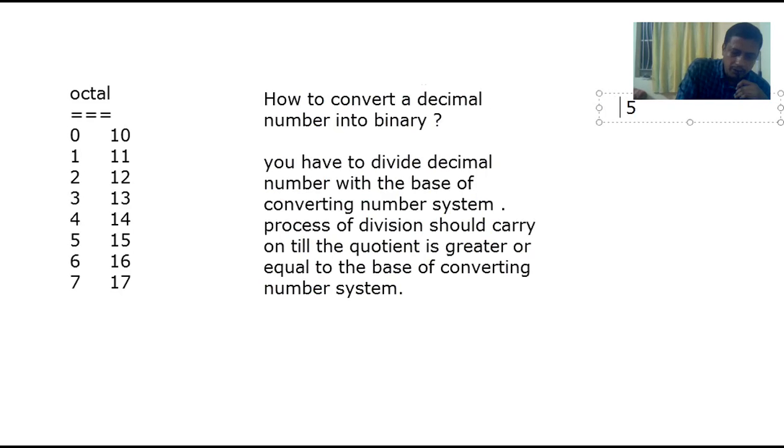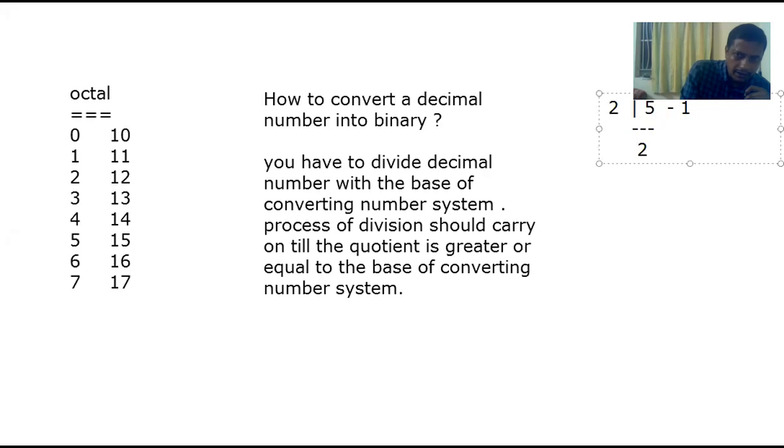What I have to do is divide this by the base of the target number system. What is the base of the target number system? It is 2. So I will divide 5 by 2, and when I divide, I will get a remainder of 1, and here I will get a very interesting number, that is 2.